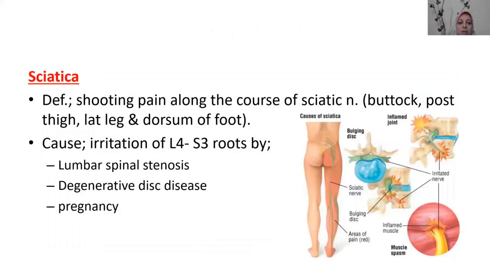What is sciatica? It's a shooting pain along the course of the sciatic nerve, starting in the buttock and radiating to the posterior thigh, lateral leg, and dorsum of the foot. It's caused by irritation of any root of the sciatic nerve by lumbar spinal stenosis or degenerative disc disease, or in a pregnant female.